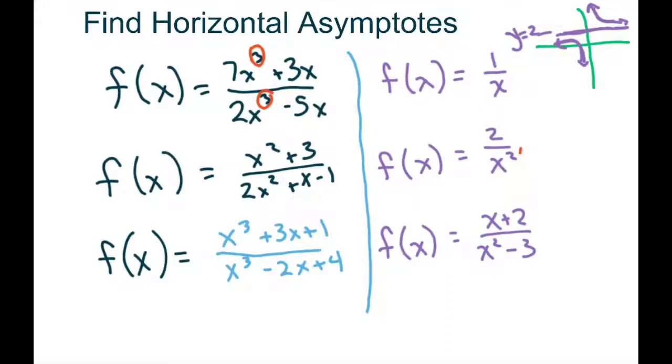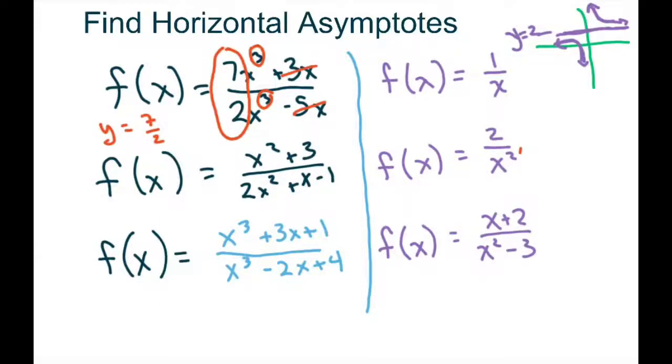So if it's the same, we really don't care about this right here at all. All we're going to do is take the lead coefficients, so like that would be a over b, or you can call it anything you want. And so for this one, a horizontal asymptote would be y equals 7 over 2.